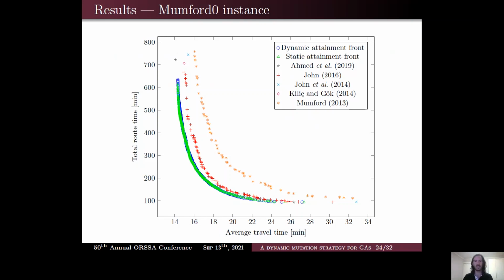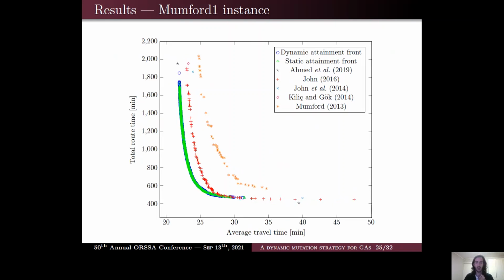For the Mumford 0 instance, it is clear that the dynamic and static approaches outperform most of the results returned in the literature, with very similar non-dominated sets, but the dynamic does have a bit of an advantage here at the one extremal point.